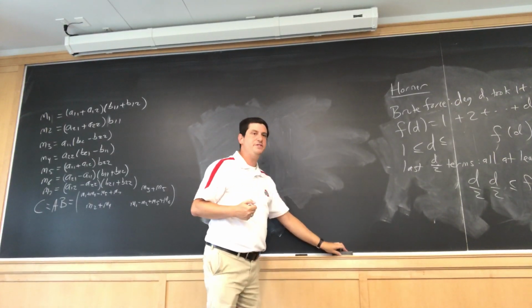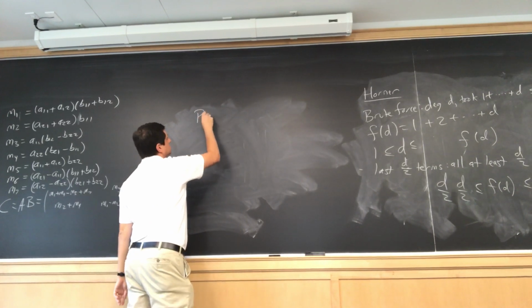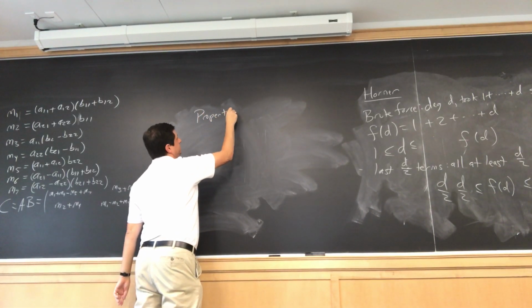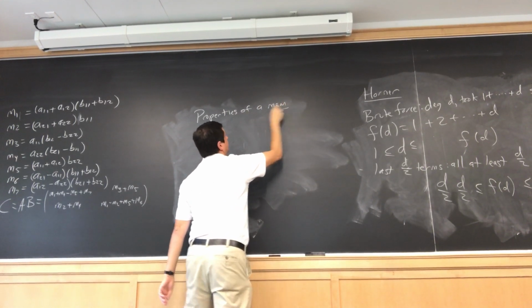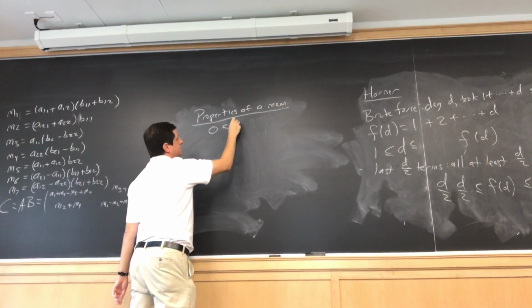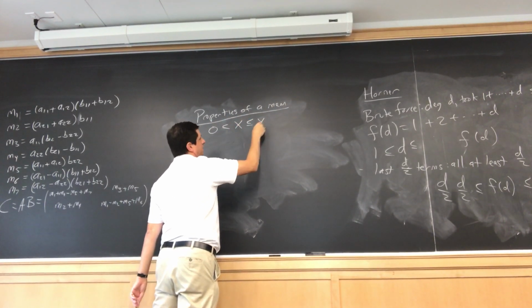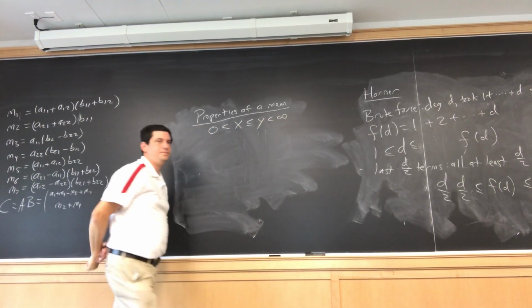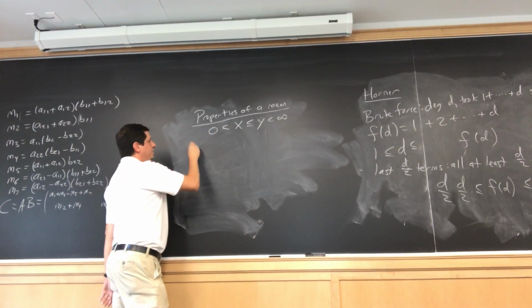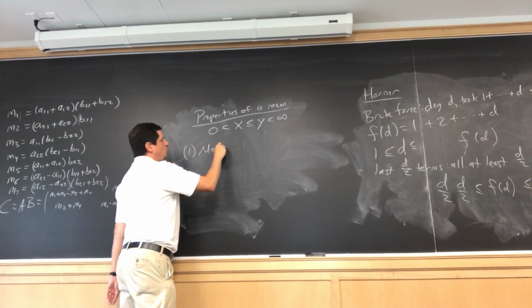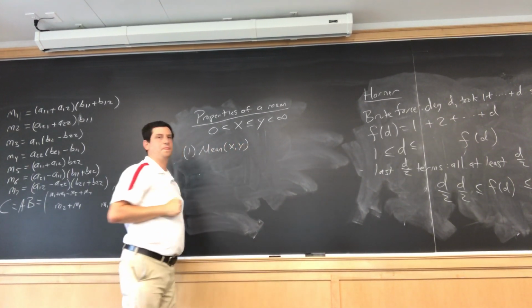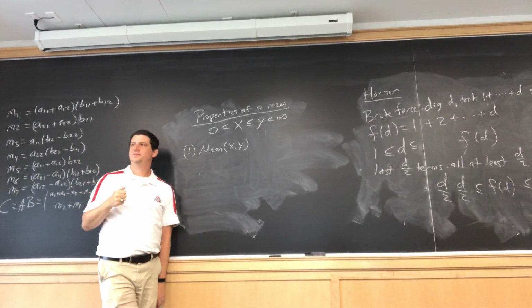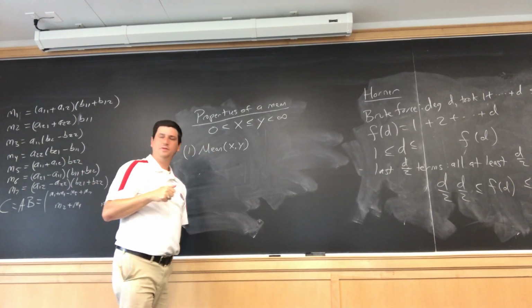We want properties of the mean. So let's assume 0 is less than x, is less than or equal to y, is less than infinity. What do you want? Give me a property you want about the mean of x, y. Yes? It's greater than or equal to x and less than or equal to y.